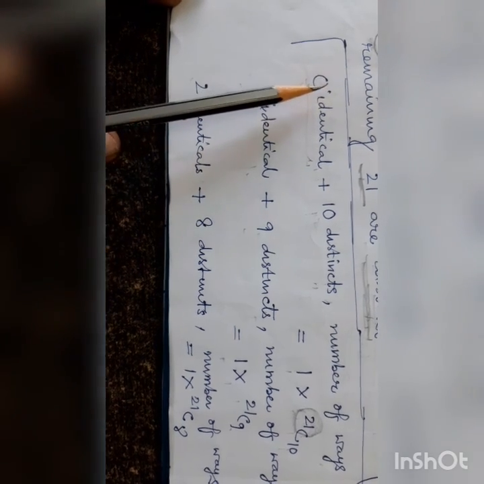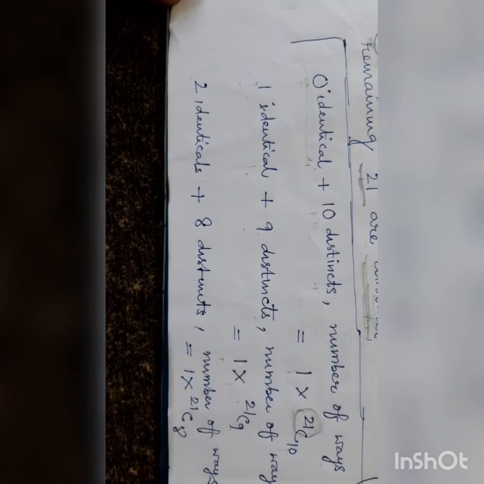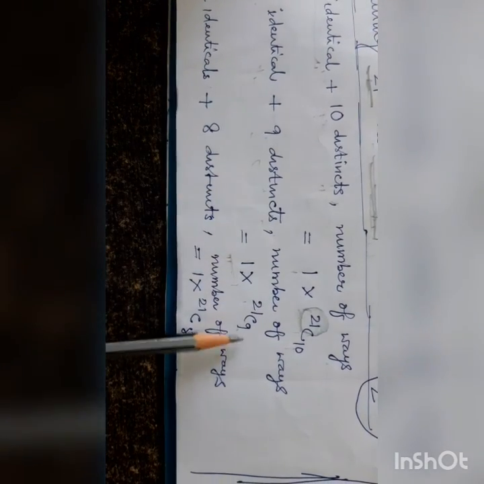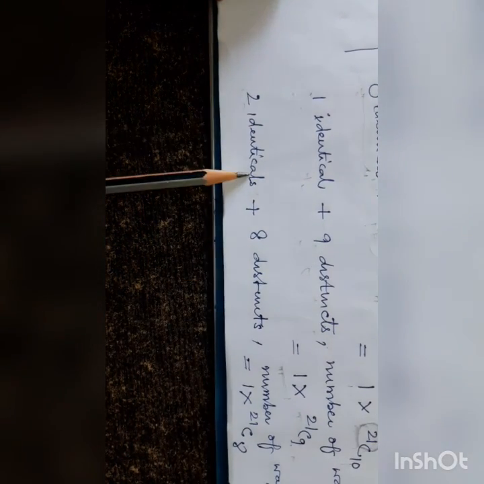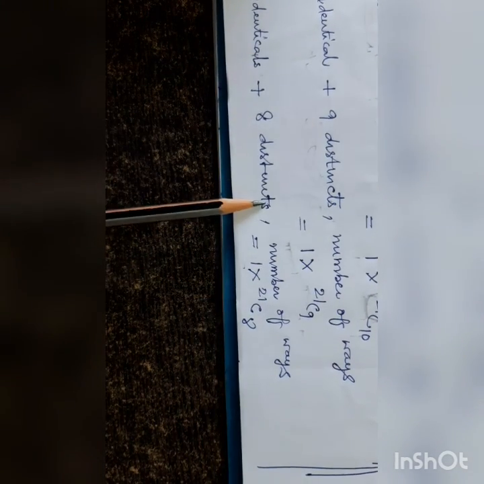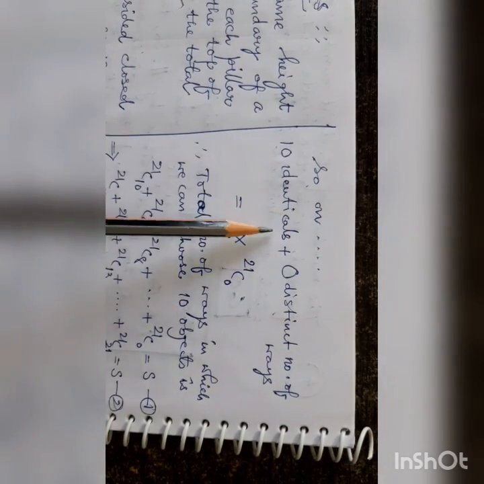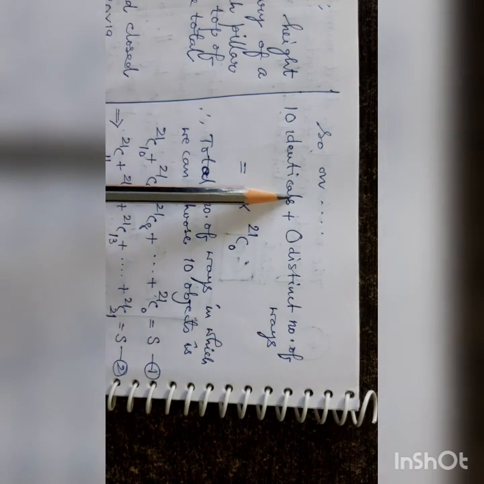These are the cases: first case, second case. So, one identical object, one way, and 9 distincts out of 21, 21C9. Next, two identicals, one way, and 8 distincts, so 21C8. So on, 10 identicals, 0 distincts. 10 identicals, how many ways?